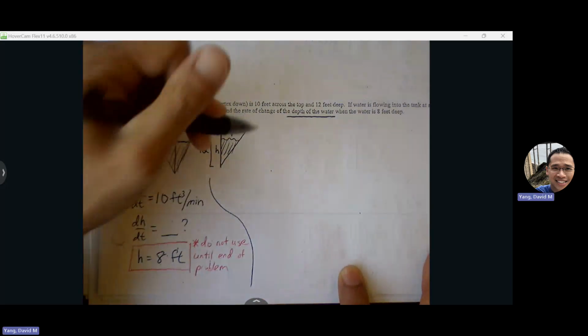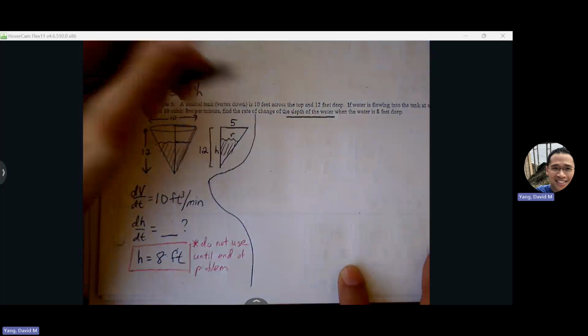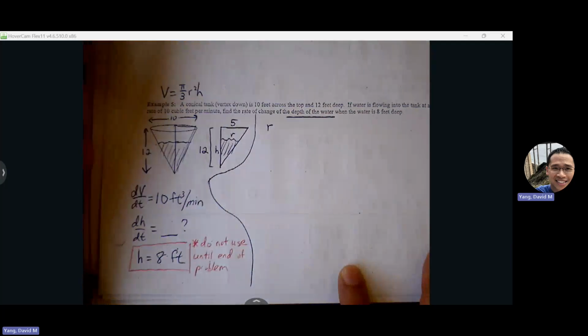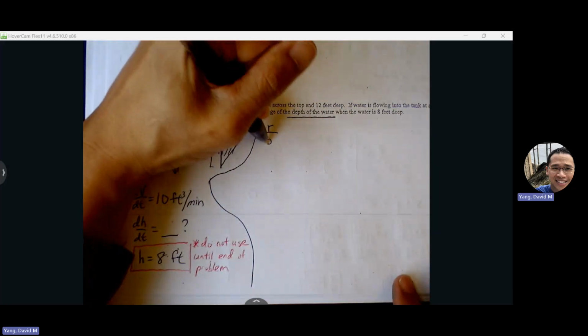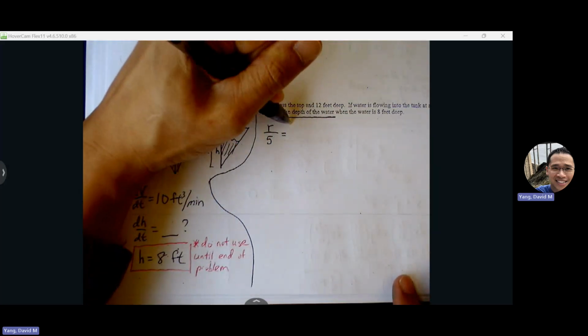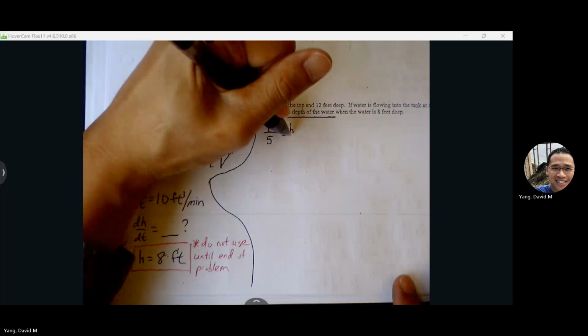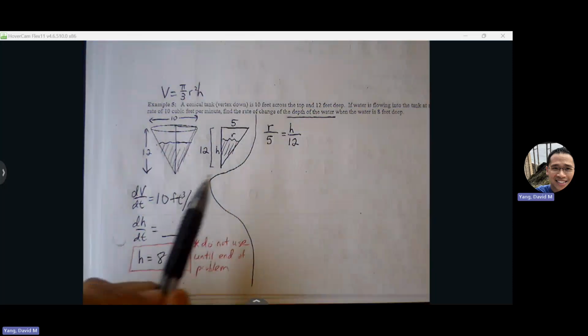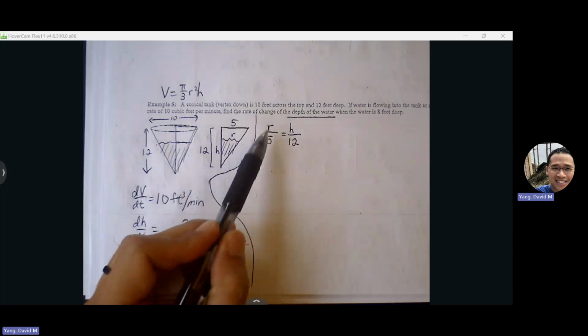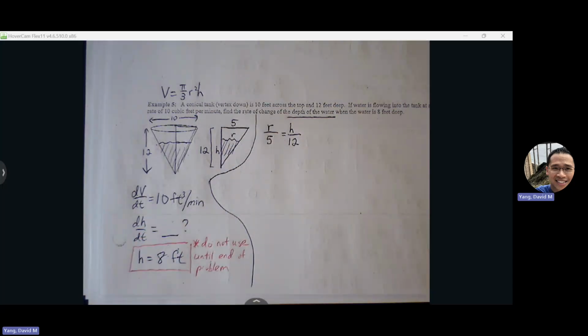Okay, so using similar triangles, using proportions, we can say this. We can say the radius of the small cone is to the radius of the large cone as the height of the small cone is to the height of the large cone. So we're creating proportions. We have a triangle within a triangle. We know that these values are proportional to each other, so we can create this proportion.